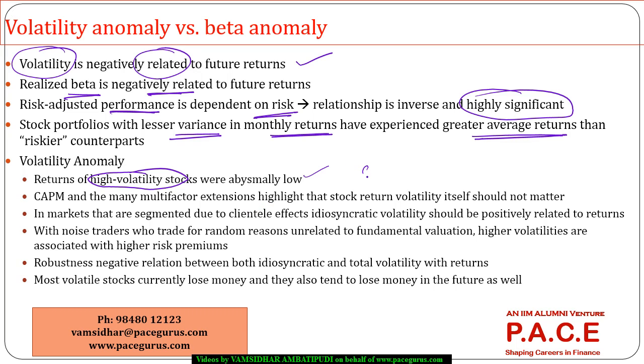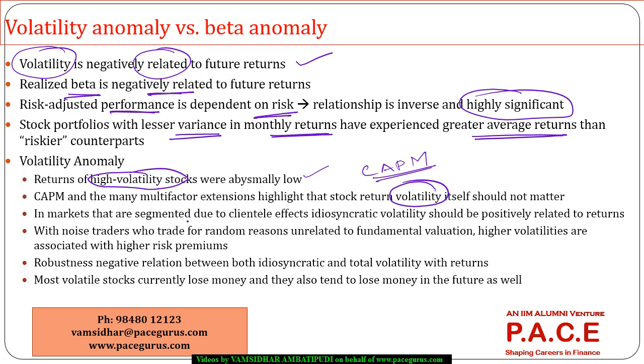So we are going completely against our CAPM model, right? CAPM and various other multi-factor extensions highlight the other way: the higher the return, the higher the risk associated with that particular security. And CAPM and various other multi-factor models highlight that the volatility itself should not matter. But this is how we have observed the returns based on the volatility.